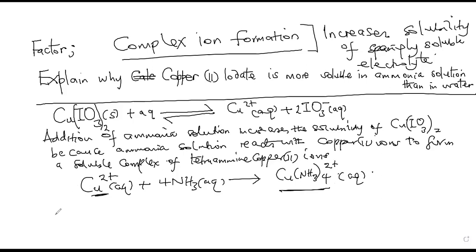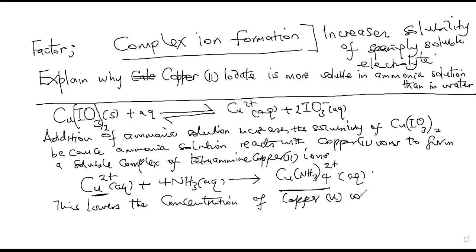So formation of a complex lowers the concentration of copper 2 ions, meaning that for us to replace the copper 2 ions, the copper 2 iodate has to dissolve, so as to restore the equilibrium by producing more copper, because the concentration of copper has reduced.